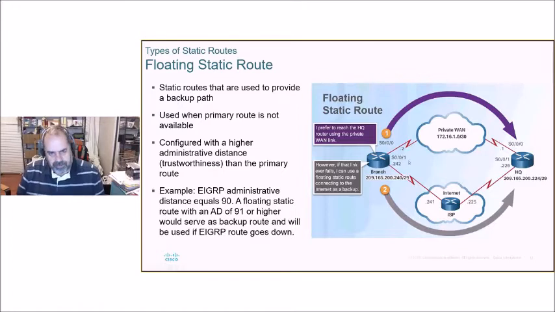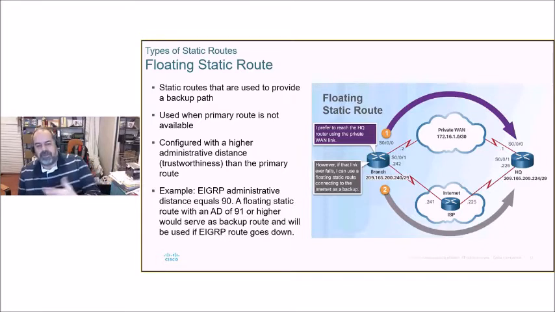But if that fails, you would like to have a backup route. If you remember last time there was administrative distance, you can have a floating route with an administrative distance greater than your routing protocol. Often people use an administrative distance of 255, so as high as it gets.